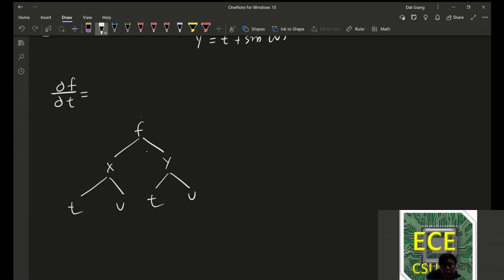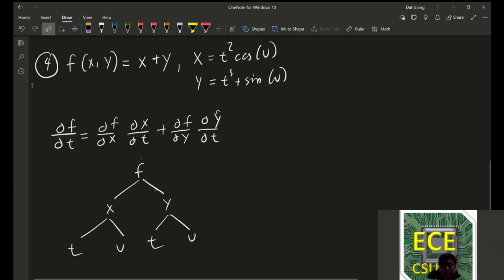So we first go through here. We have partial of f, partial of x. Then we have partial of x, partial of t. And the branch ends there. Here we go into partial of f, partial y, divided by partial t. So from here, this is our relation.